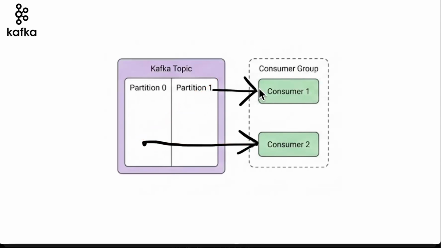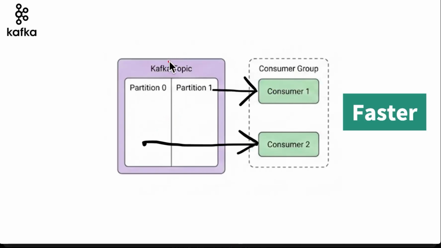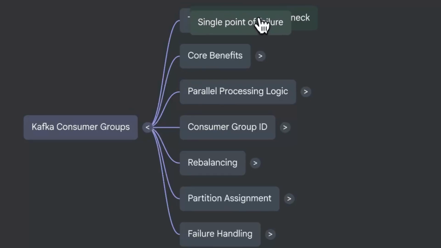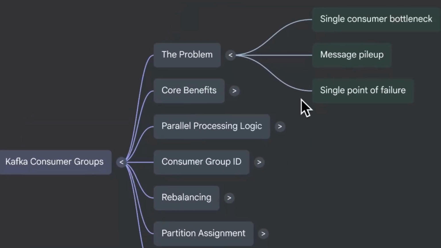That way they can process the messages in parallel, and the processing from this topic becomes faster because now there are two workers here. So far we discussed the problem: the single consumer bottleneck, and the messages pile up when multiple producers keep on producing a lot of messages.